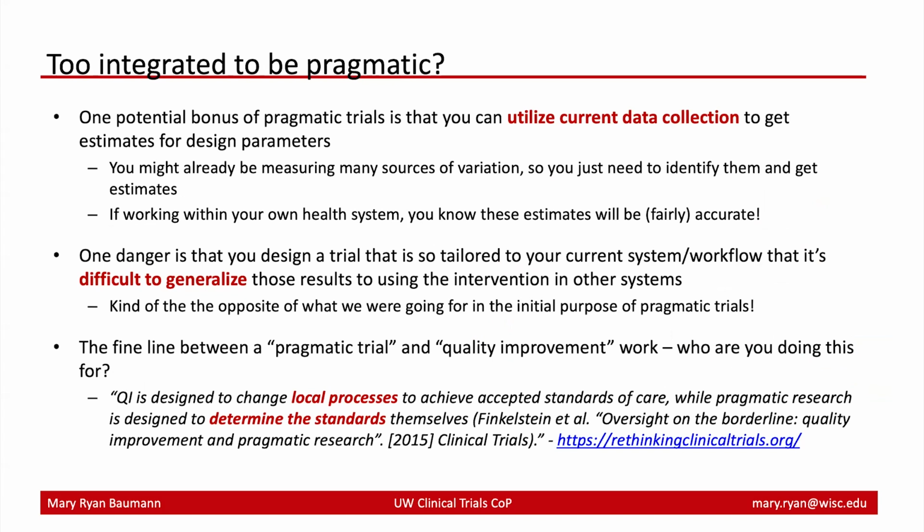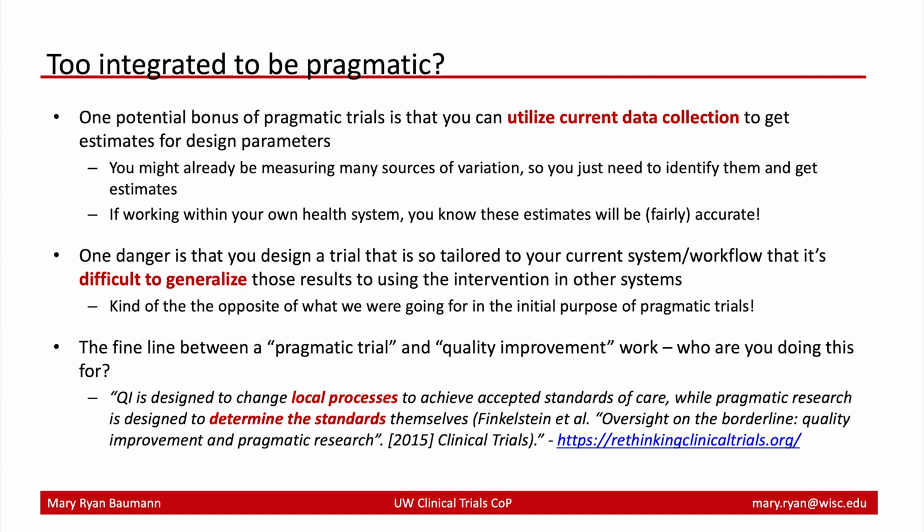So I had trouble placing where this slide was going to go, but one bonus part of pragmatic trials and studying an intervention that's very integrated into a care system is that you can utilize all of the data that you collect normally to get estimates for design parameters, which is usually what I'm very concerned about, because in explanatory trials, we're introducing a new intervention into a new setting. And so there might not be a lot of good data collection to help guide what our variation is going to look like and things like that.